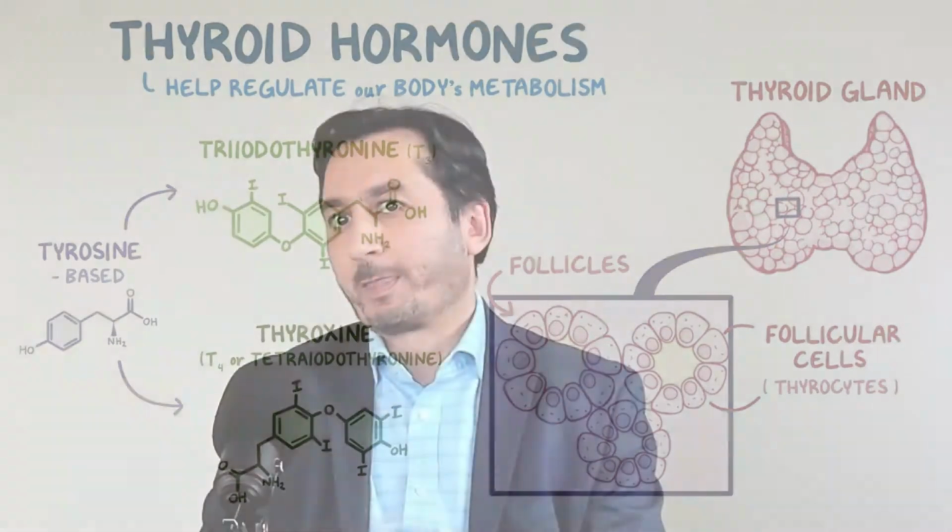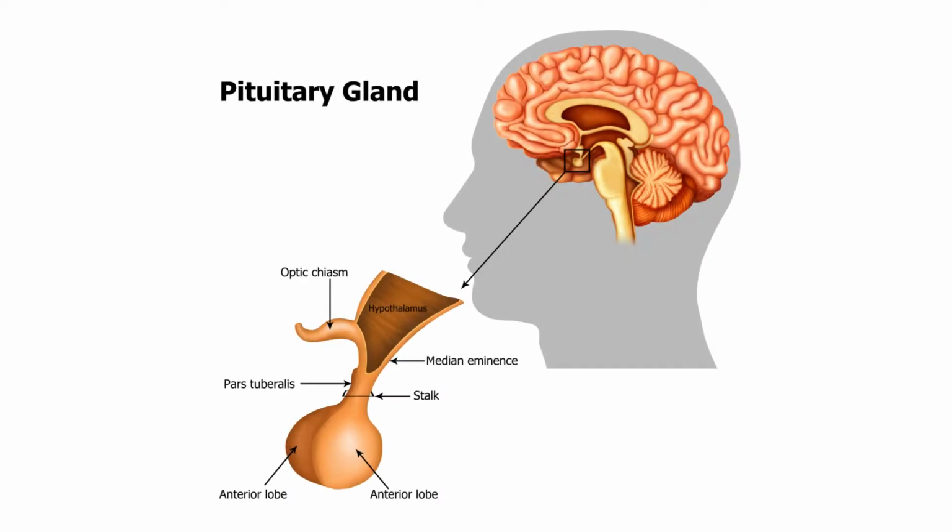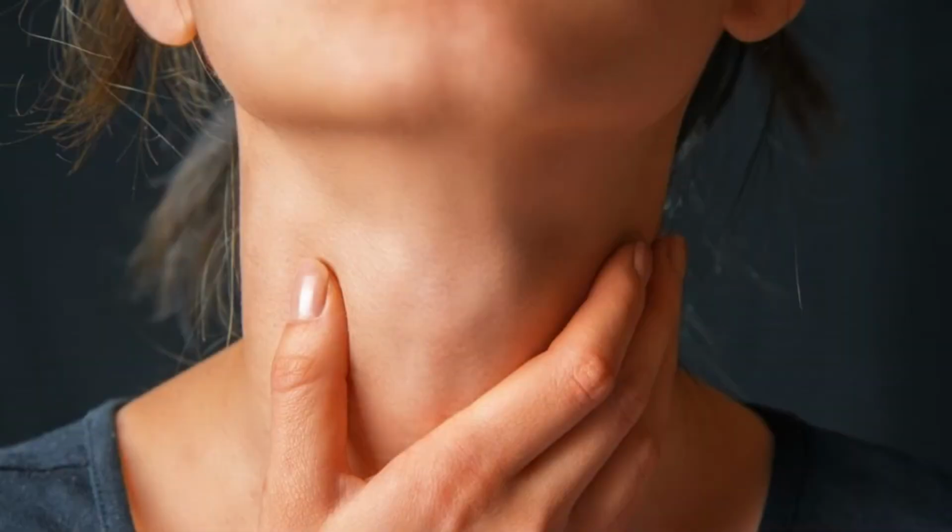So hypothyroidism is actually failure of the thyroid gland to produce thyroid hormones. We generally can say that this thyroid hormone production is controlled by another gland called pituitary gland, which more commonly we call it as a master gland, because it releases a signal which affects the thyroid gland to make it produce more of the hormones.